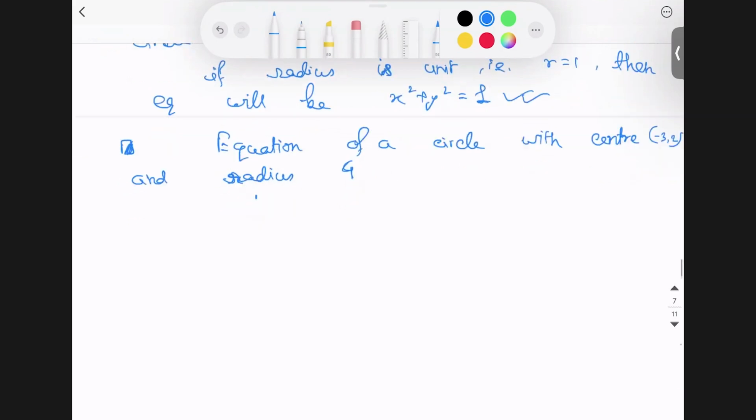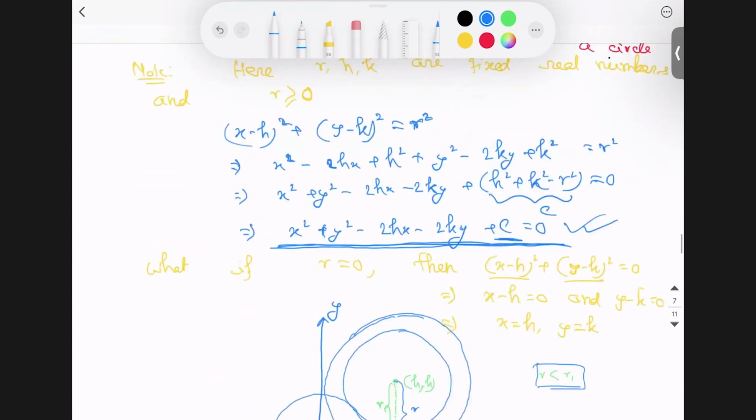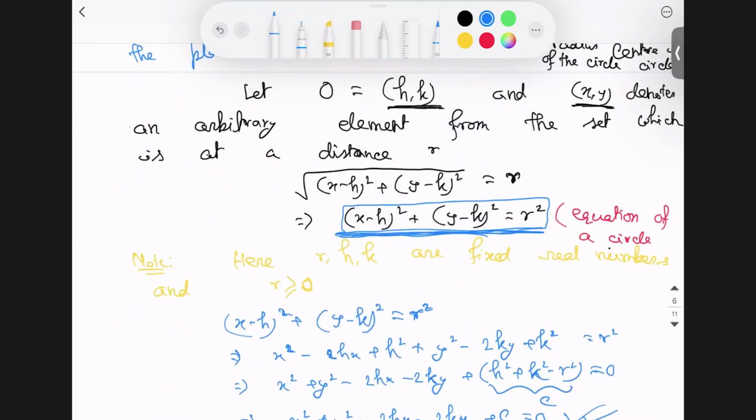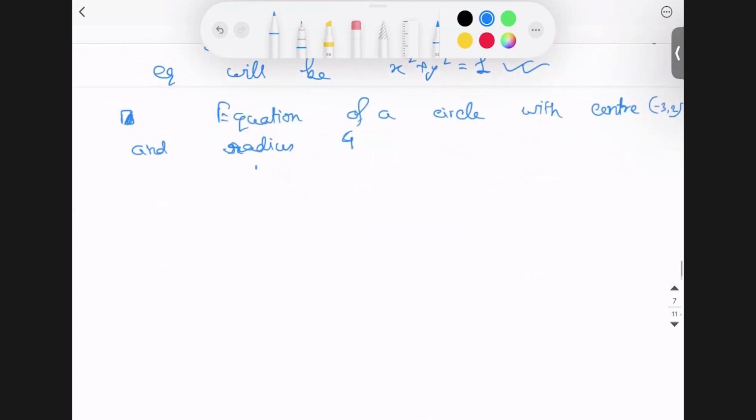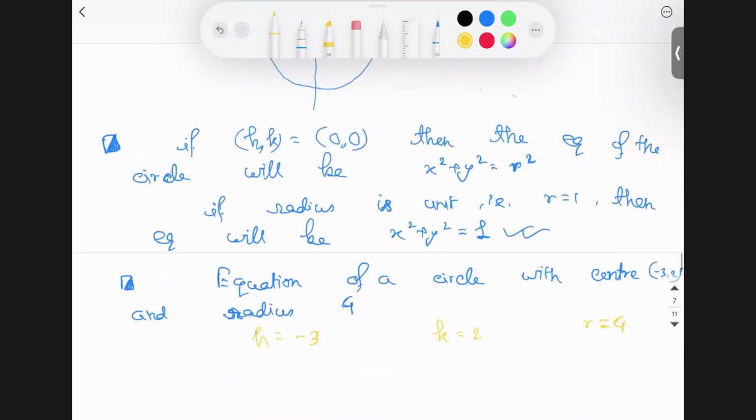Okay, so clearly you can see from this they have given the values of h, k, and r, which are fixed real numbers. So in this case, what is h? Here h equals minus 3, k equals 2, and r equals 4, right?